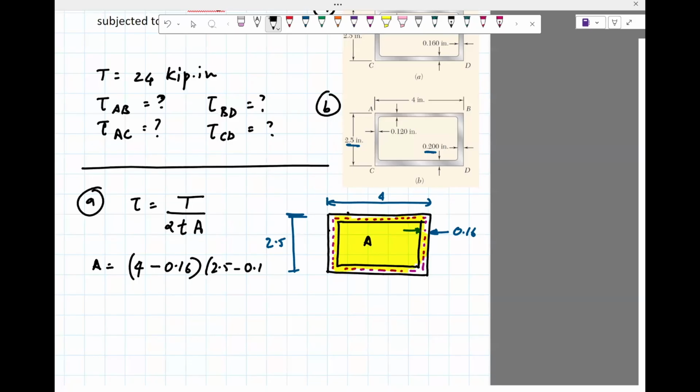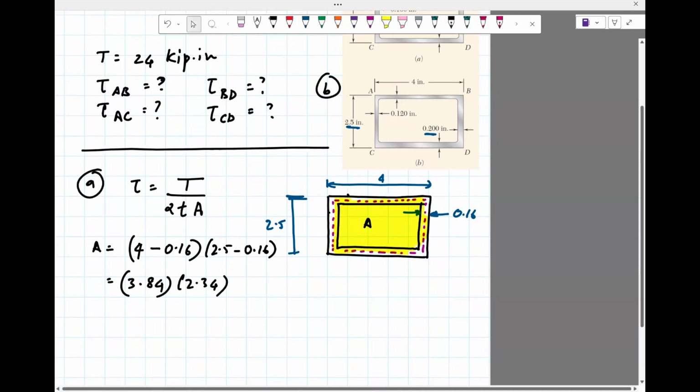So it's going to be 0.16 in all. This is going to be the area, and the area comes out to be 3.84 times 2.34. I don't seem to have done the calculation, but let's just keep it that way.